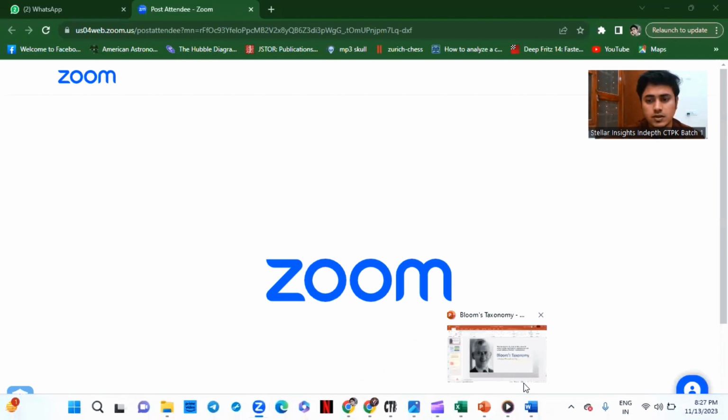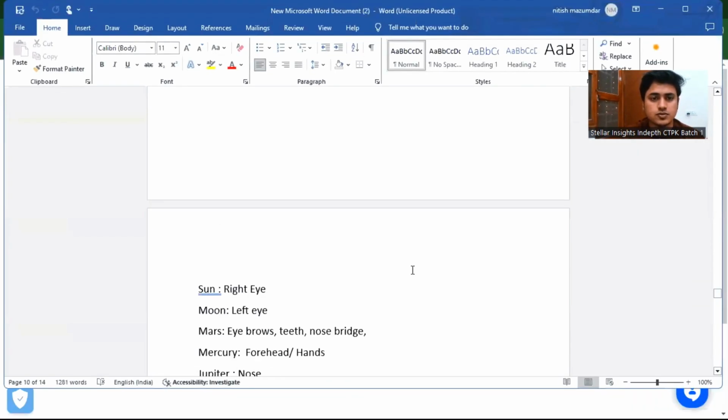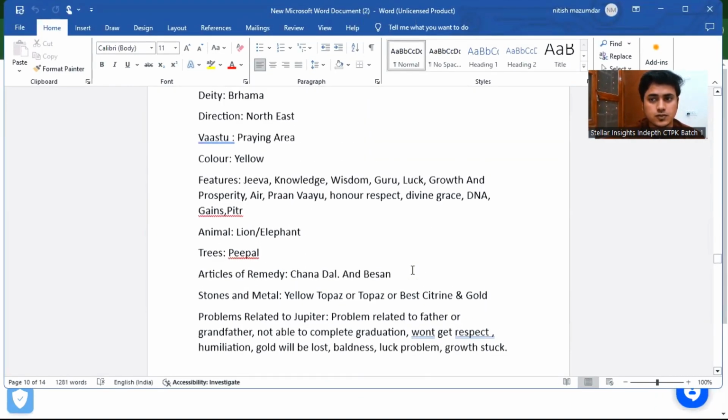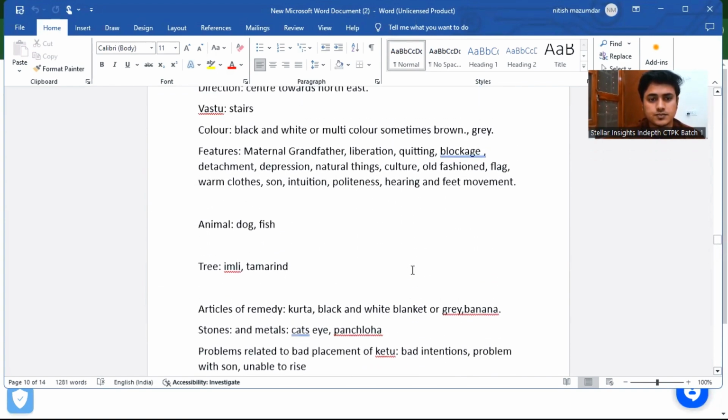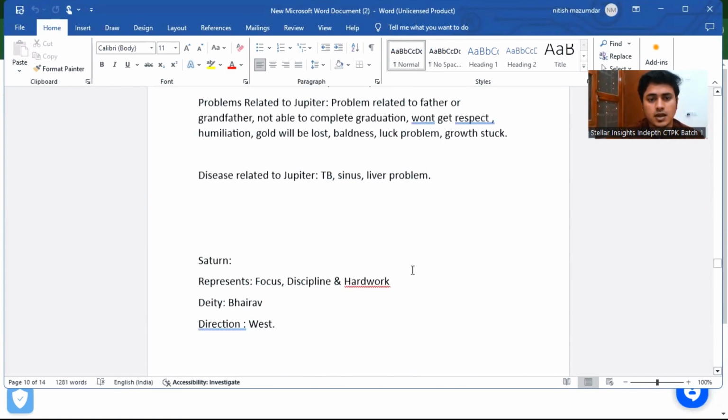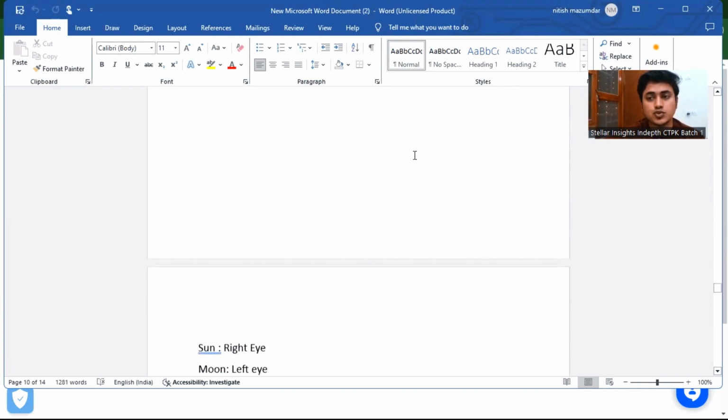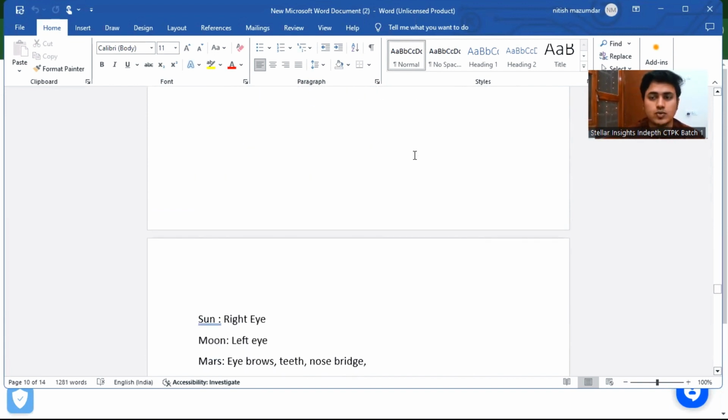Okay, what did I make you write about the significators of Mercury? Intelligence, education. Now if someone comes to you and says, I want to understand in what field I must pursue education, what will you do?